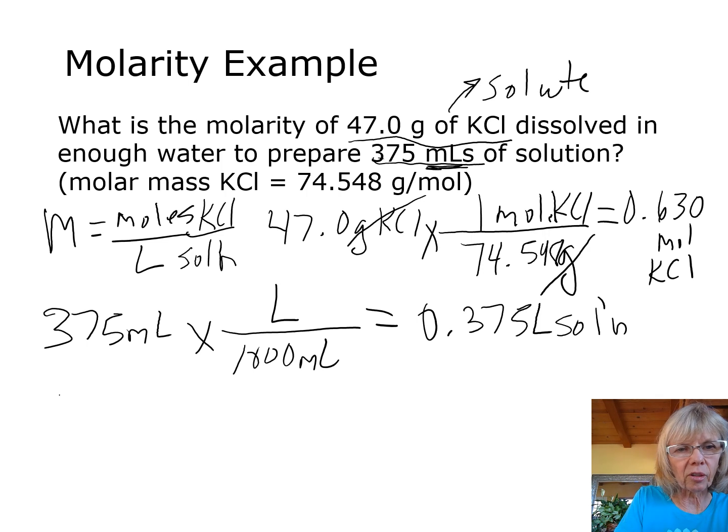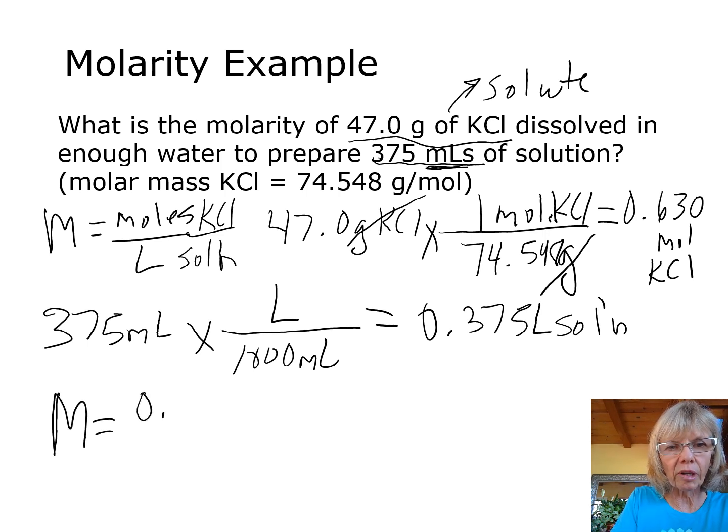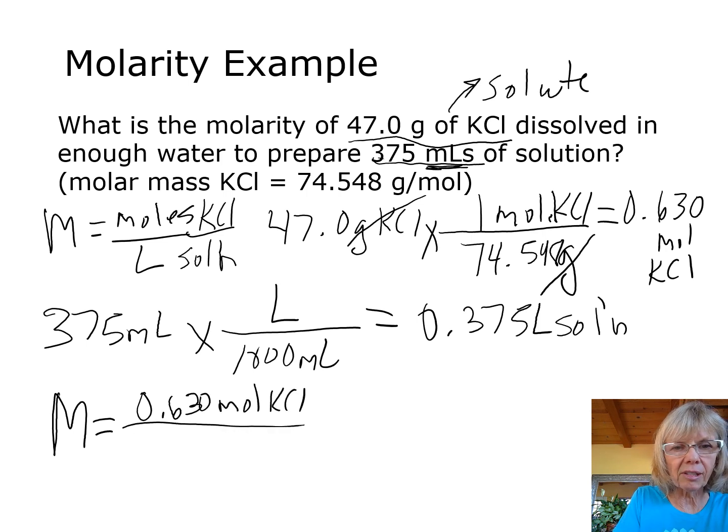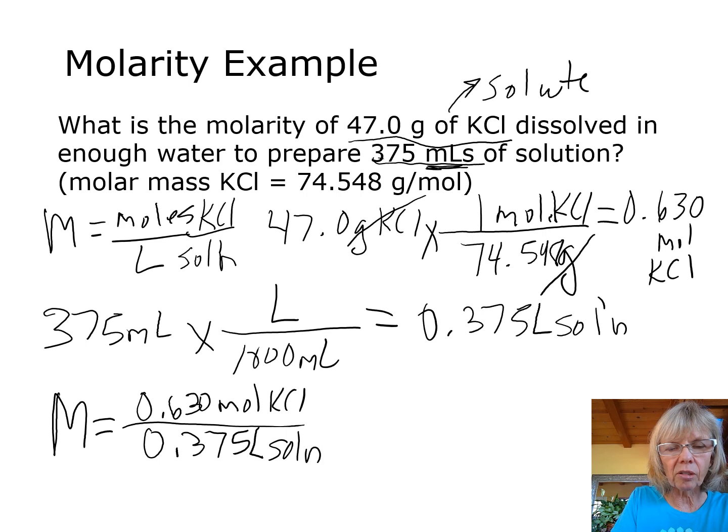So now we can go back to our formula for molarity, and we have 0.630 moles of KCl divided by 0.375 liters of solution. So it's always important that you have the correct units. Molarity always has to be moles per liter.